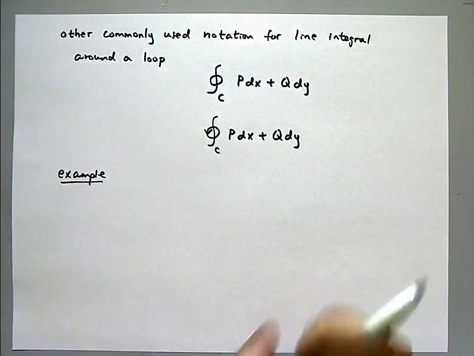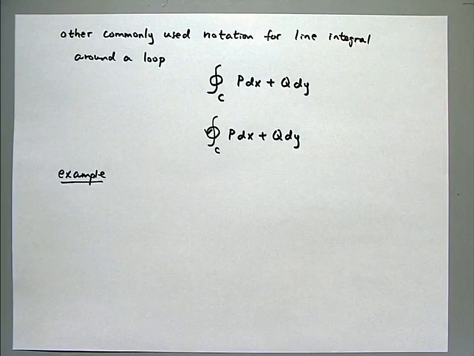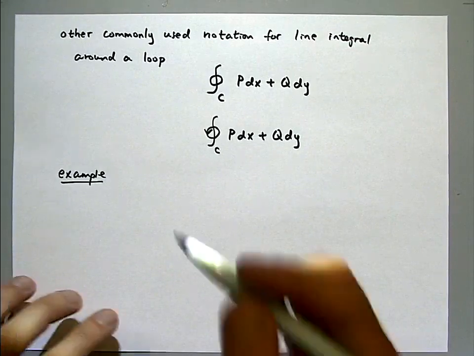Okay, so let's do an example here. And we're going to calculate the line integral two ways. The old way, when we parameterize the curve and then calculate the line integral properly, and then compare to what happens if we use Green's theorem.